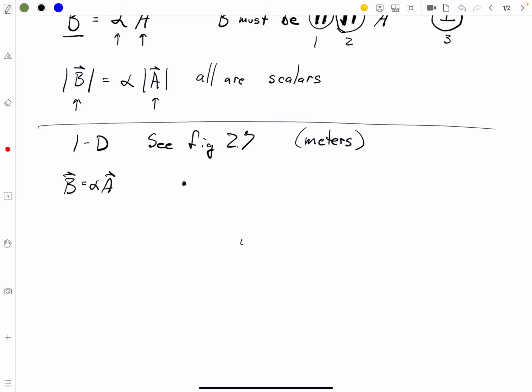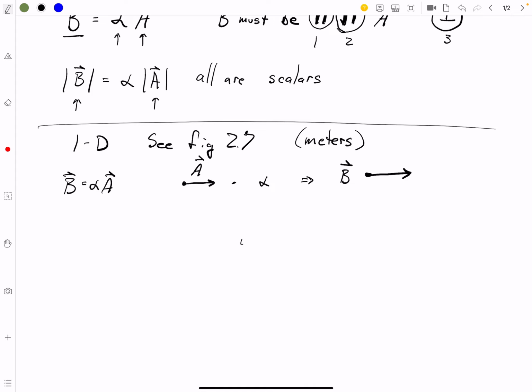And here we've got A pointing in that direction. We're going to multiply that by alpha, which is some number, and that's going to give us B. And B is represented like so.